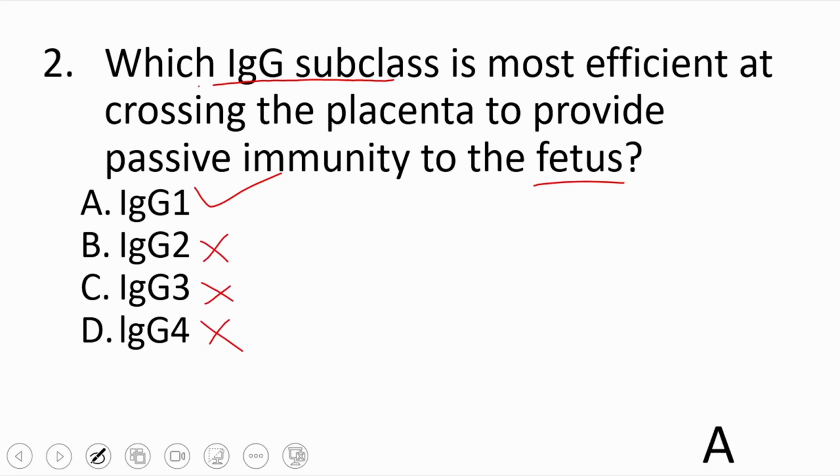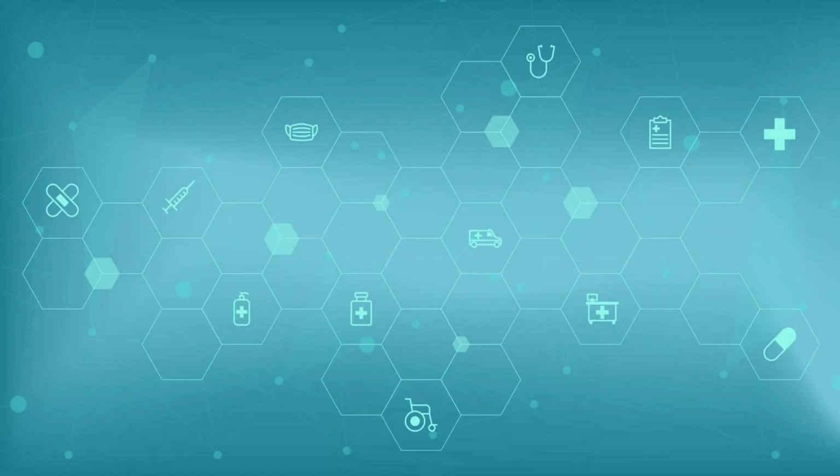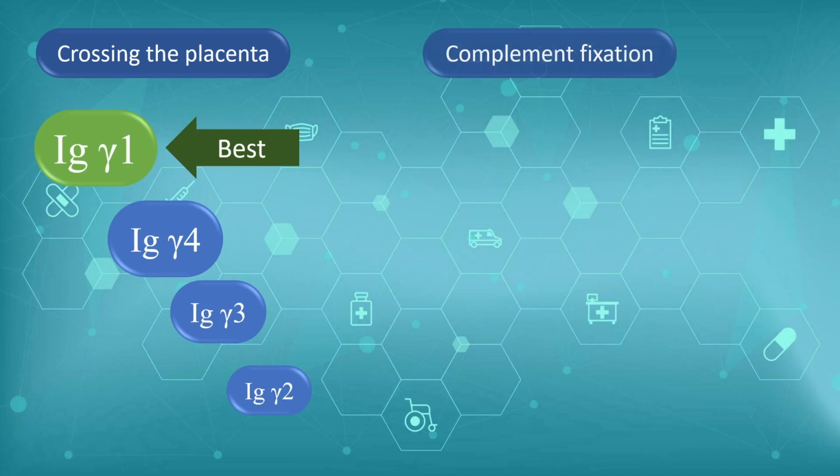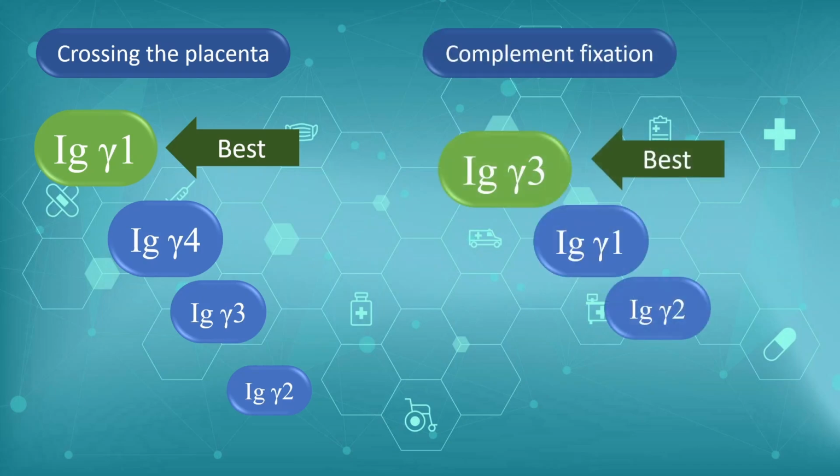So different allotypes have different features. For example, when we talk about crossing the placenta, G1 is more effective. But when we talk about complement fixation, it's a different story. G3 is best in fixing the complement system. Next to that we have G4, next to that we have G1, then G2, G4.